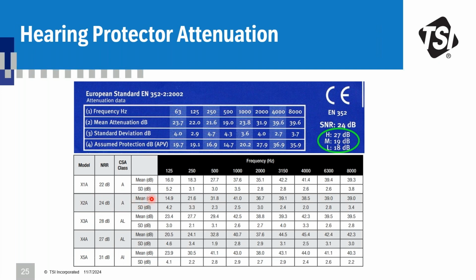Each model has its own NRR, but you also have the attenuation by frequency. So at 2000 hertz, I have the mean of 35 dB. Then I have the standard deviation of 2.9, right? So if I subtract the 2 standard deviations, I get my attenuation in this frequency band, which is different than my general NRR provided, right?